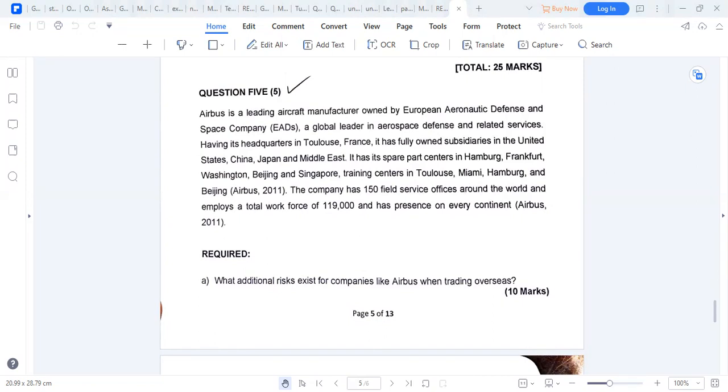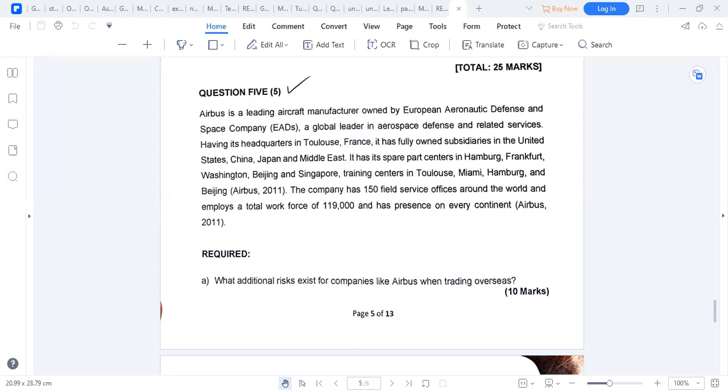So we're looking at investment decisions also in terms of trading overseas. So the risks that this company may basically face could be political risks, exchange rate risks. We have something to do with the law, regulatory compliance risks, cultural and ethnic risks, supply chain risks, security risks, among others.